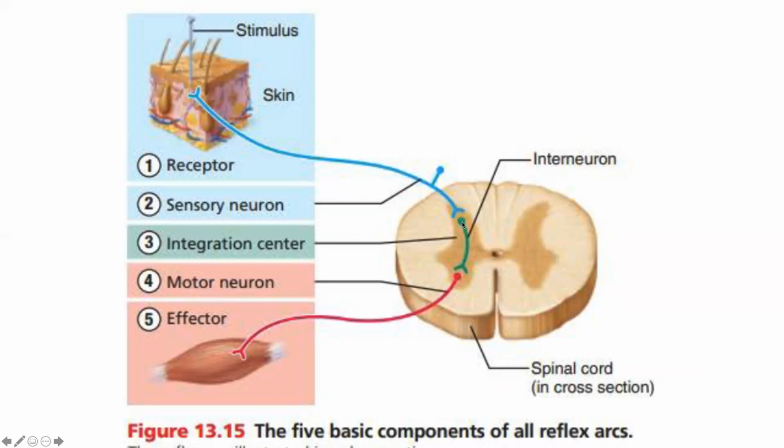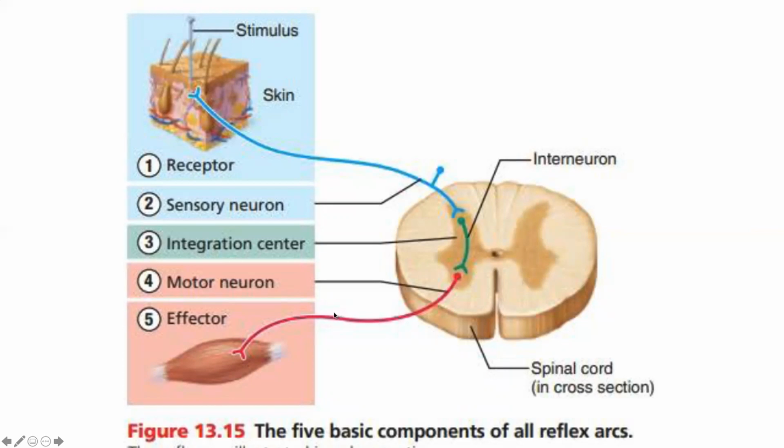And it will relay the information to the interneuron. As you can see here, there is a gap in between the end of the sensory neuron and the interneuron. This gap is called synapse. And from the interneuron, it will go to the anterior horn of the gray matter of the spinal cord, and the information will be relayed to the motor neuron.